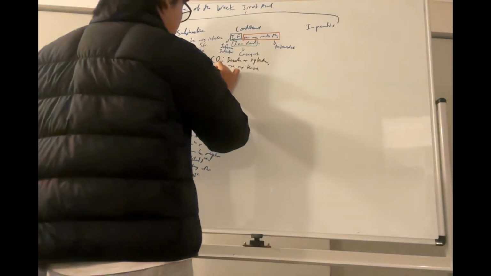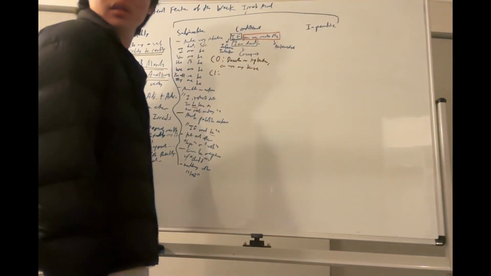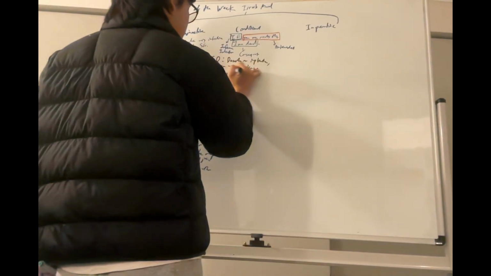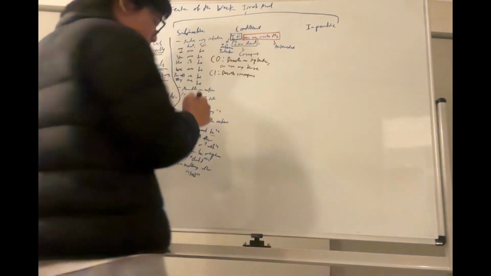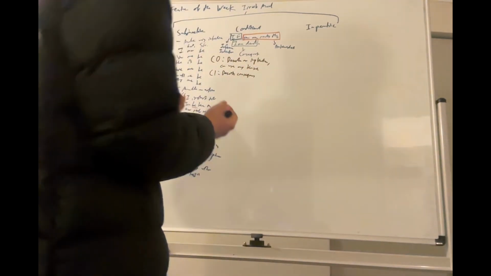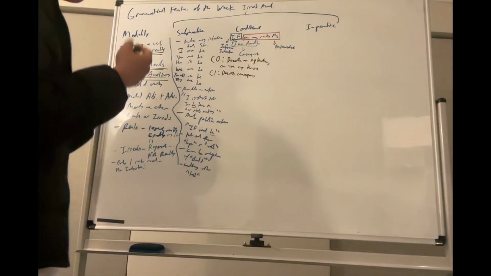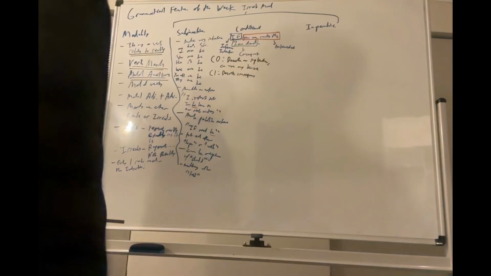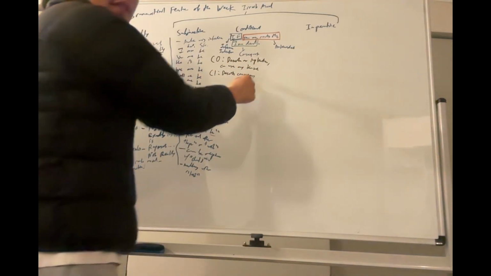So conditional one concerns consequences, describes consequences. And I'd just like to make light of the difference between 0 and 1 here. 0 is certain, right?